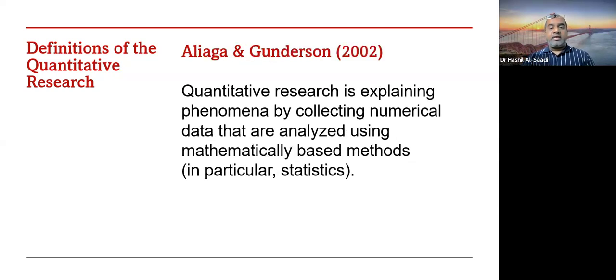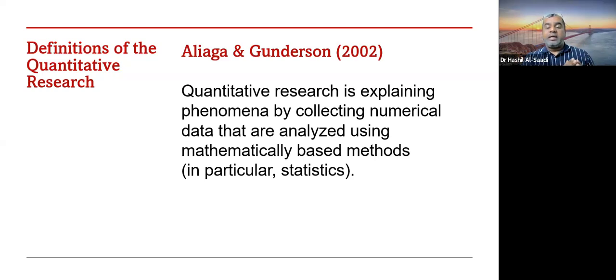Let's look at Allan and Gardenson, 2002. They also had a short definition of quantitative research, and they say that quantitative research is explaining phenomena by collecting numerical data. Again, the focus here is on numerical data, so we talk about the type of data. You will notice that next Monday, inshallah, when we talk about qualitative research, we will not be using numerical data.